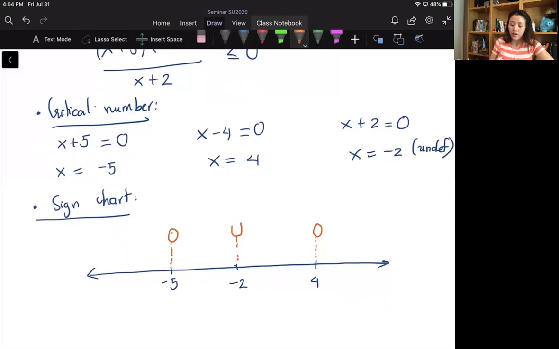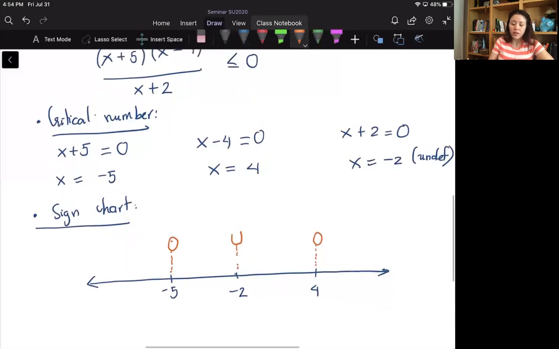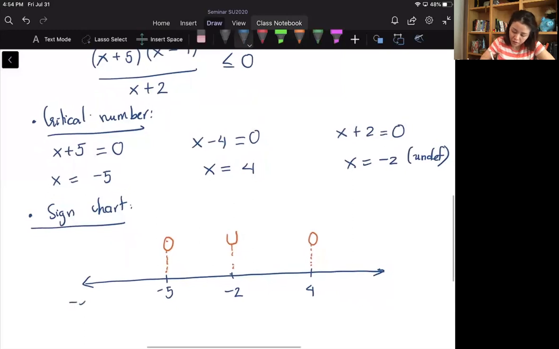And then next step, we're going to pick a random number between the regions to see where this rational inequality is positive or negative, right? So between negative infinity and negative 5, let me put negative infinity here. Between negative infinity and negative 5, I'll pick negative 6.